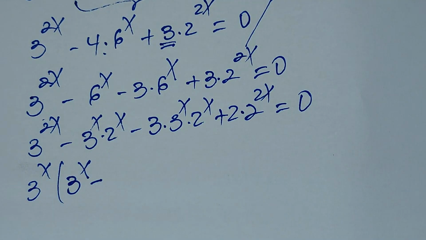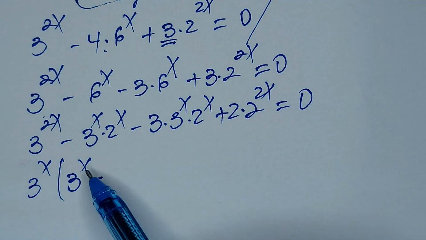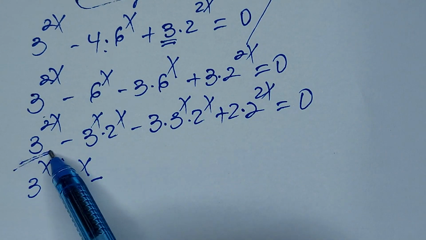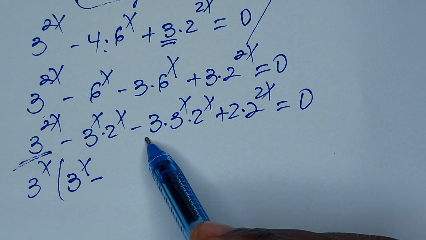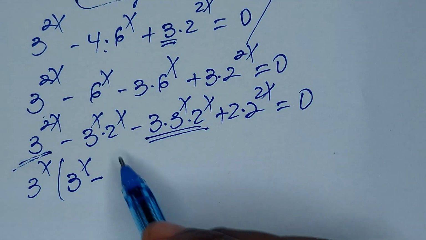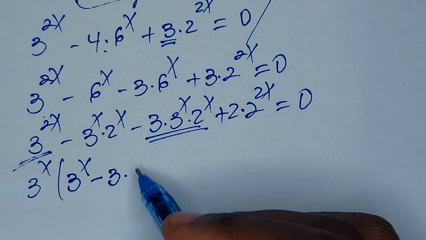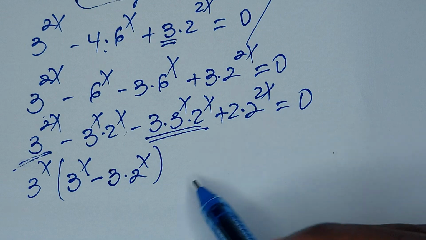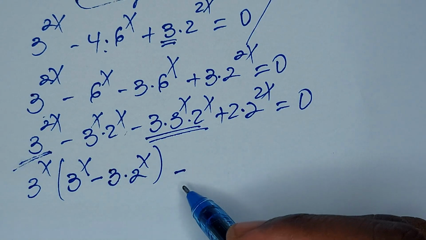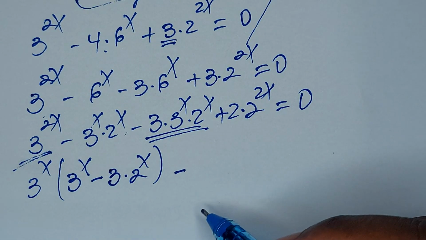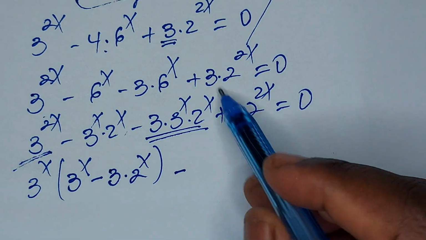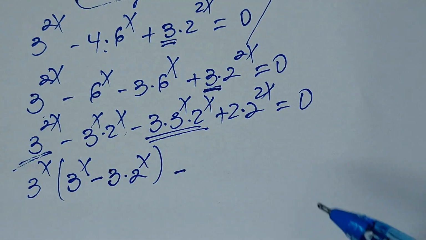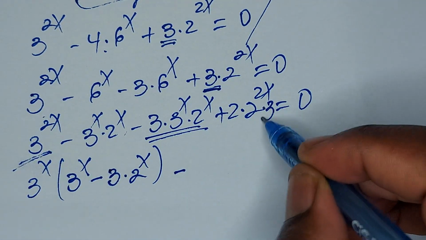Actually, I'm going to factor this one and this one, so I'm going to have minus 3 times 2 to the x. Now this one and this one: I forgot that I have 3 here, so I'm going to multiply by 3.